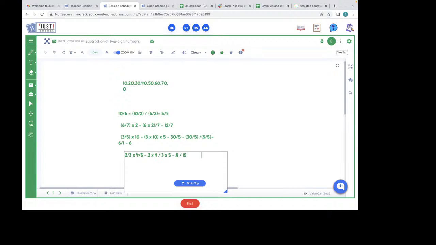Now let's take one more example. Let's say we have 3/5 multiply 15/9.